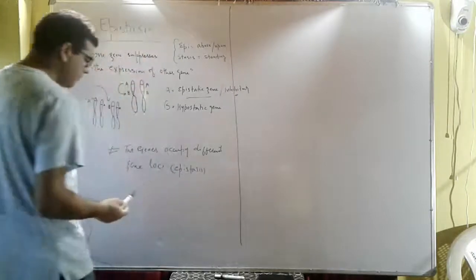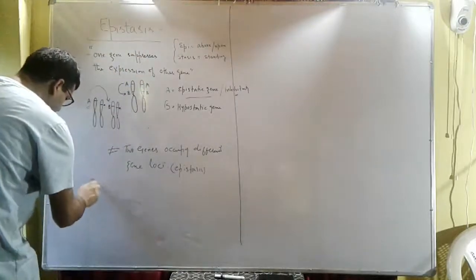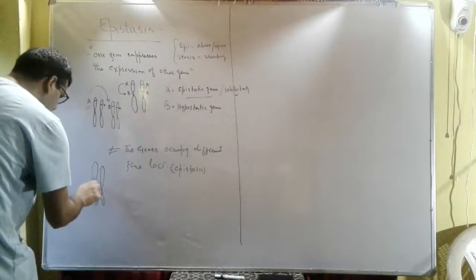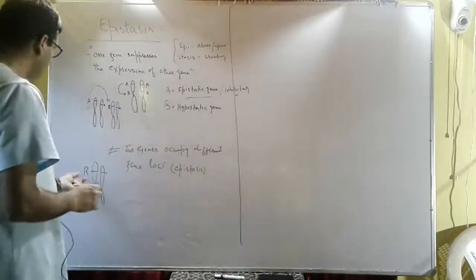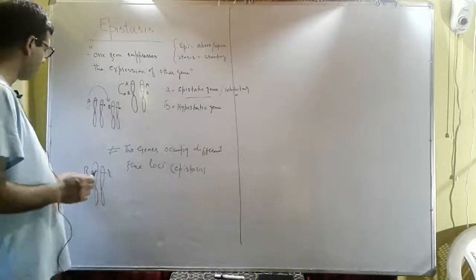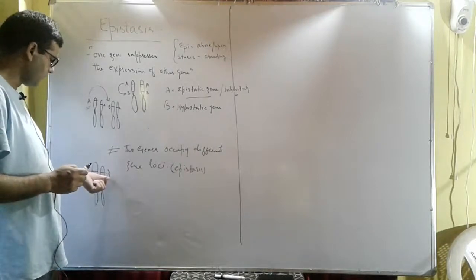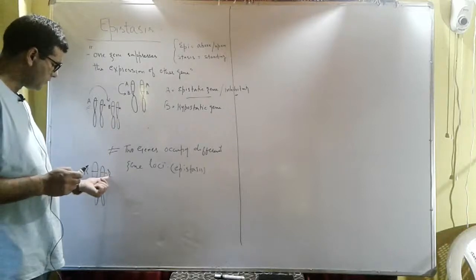For example, let's see the case of dominance and recessiveness. This dominant allele inhibits the expression of the small, or recessive, allele.